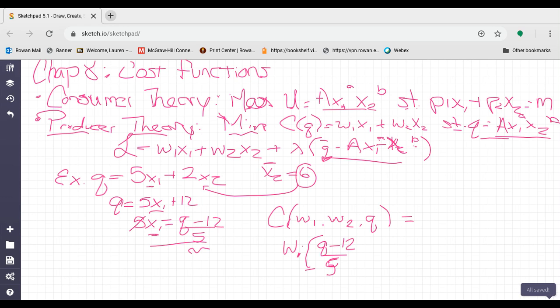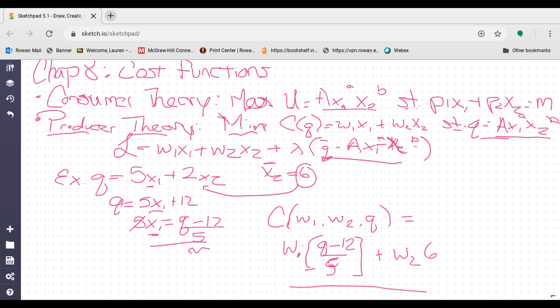And then since we're going to add how much we're spending for X2, that's W2 just times 6, since that's fixed. And this would be the final cost function.